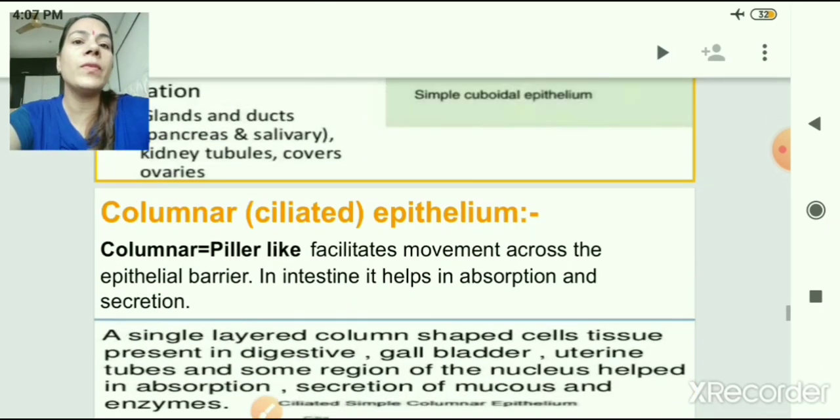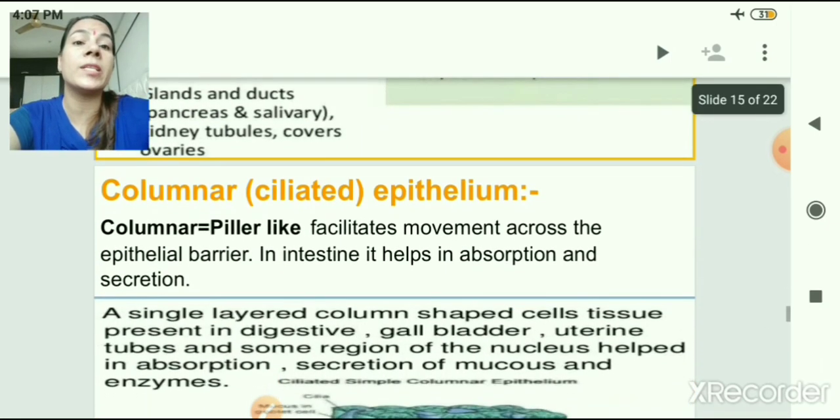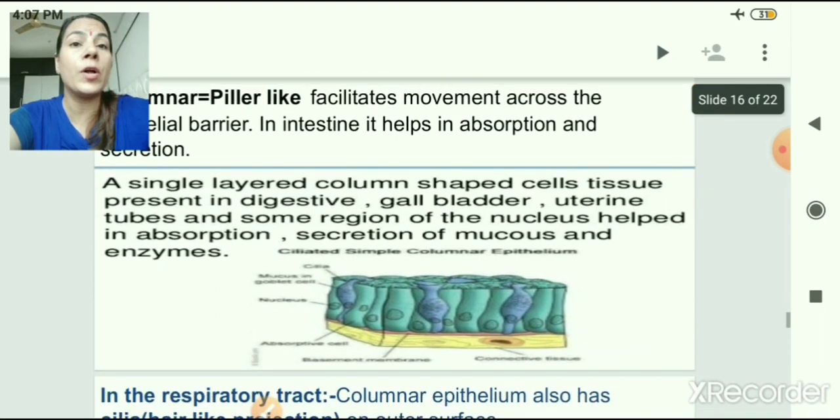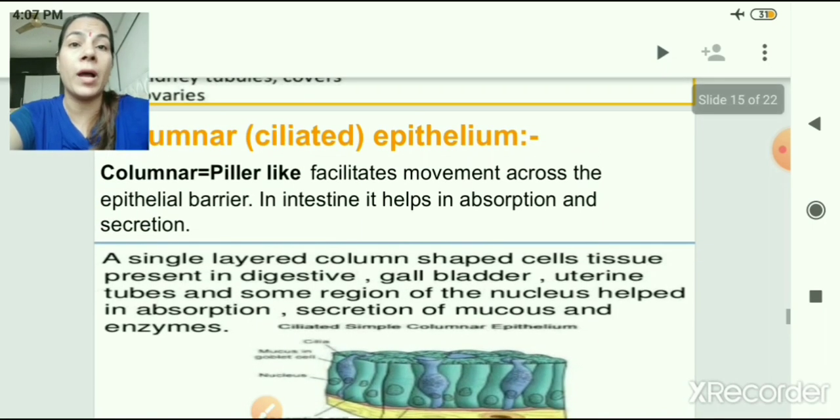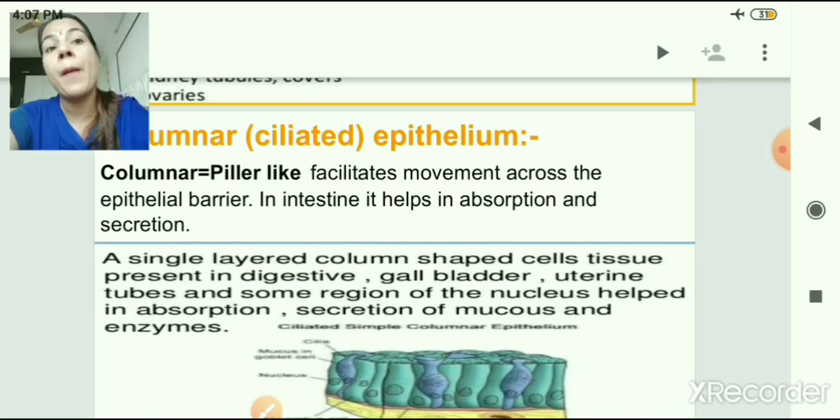Now we will study columnar ciliated epithelium. Here also its name suggests columnar means column-like, a pillar-like structure. This particular kind of epithelial cells facilitates movement across the epithelial barrier. In the intestine, it helps in absorption and secretion of various glands.